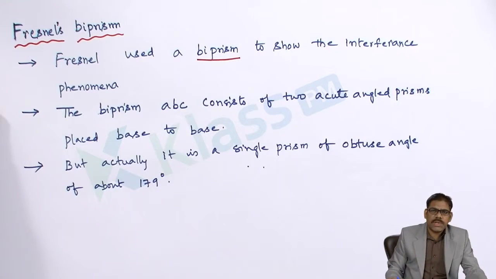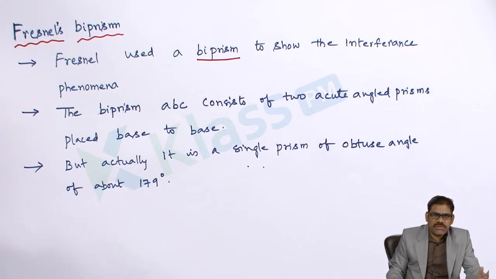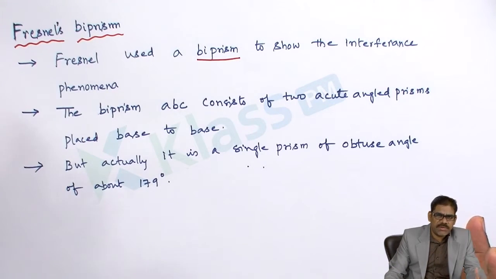We are calling it two acute angle prisms because we are locating the prism base to base, but actually it is done on a single prism with an obtuse angle of about 179 degrees.